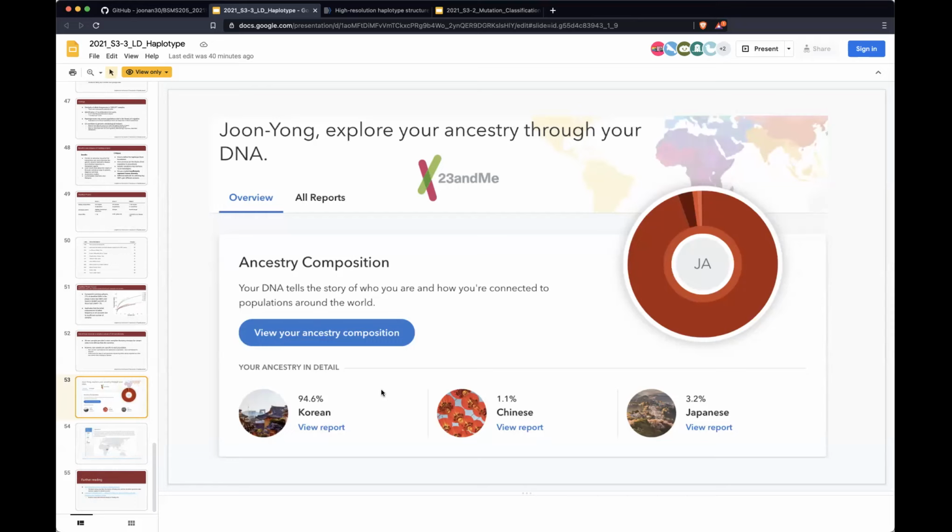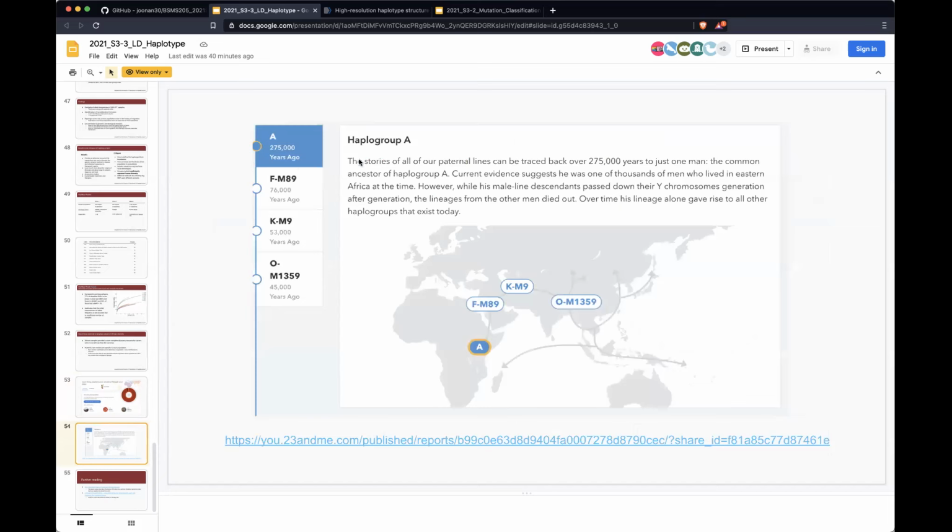But one caution for interpreting this result is that ancestry is not really related to race or ethnicity information, because race is socially constructed, and also it's a self-identification. So you always have to be cautious about how we deal with population information linked to the representation of your identity in society, right? Also, I can look at my haplotype information about where my haplotypes originate, right?